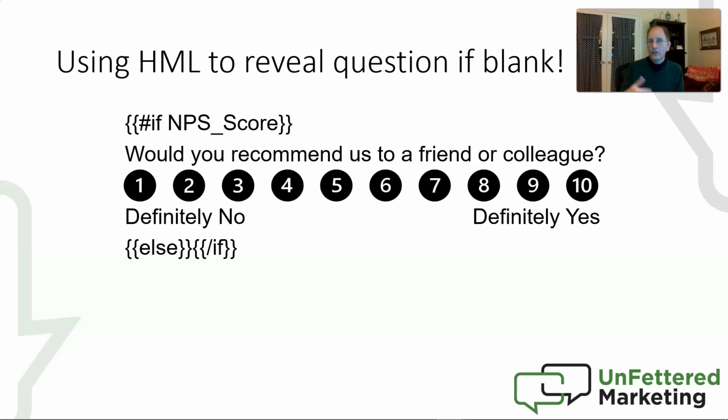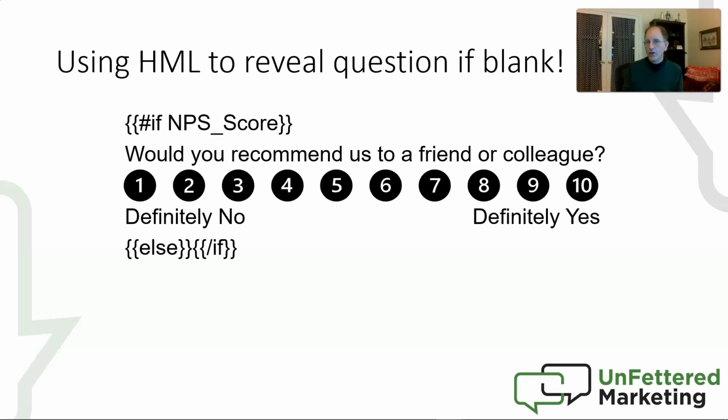If it is filled out, don't show the content. So if you wanted to, for instance, send some kind of an update to customers and they don't have an NPS score, you could show the question, would you recommend us, inside your email. And if they already have an answer, don't show it. So this is a nice application of the handlebar merge language conditionality option.